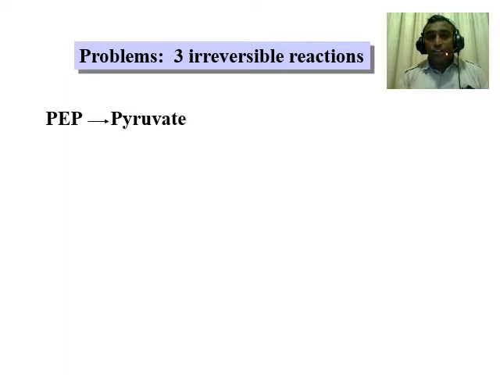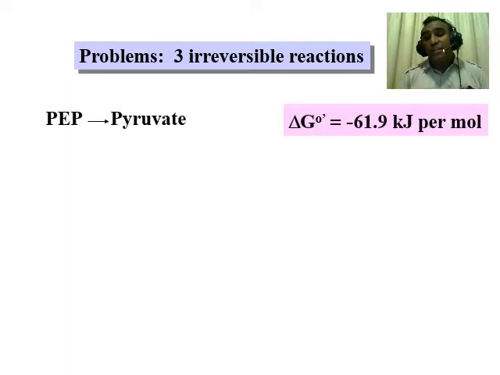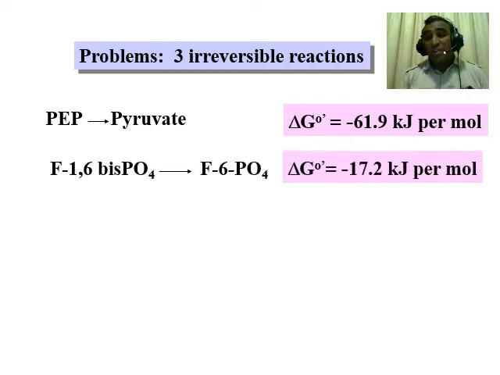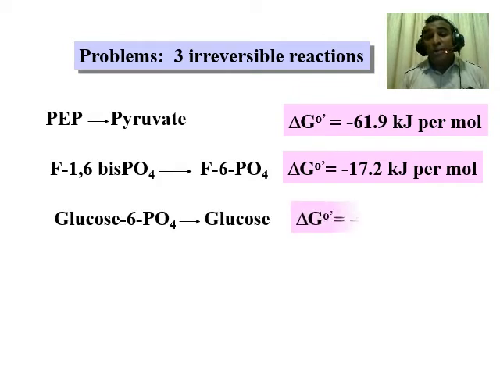So here, just to highlight the fact, there are 3 irreversible reactions, and one of them has a very high Gibbs free energy, 3 times more compared to the other 2.